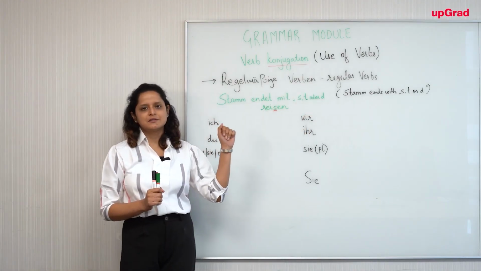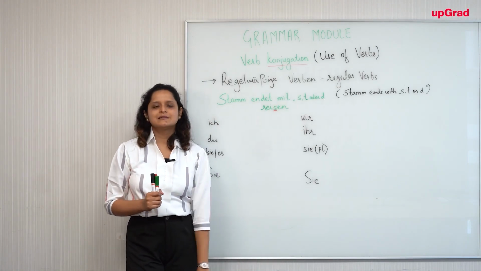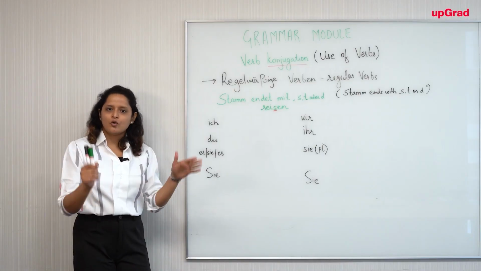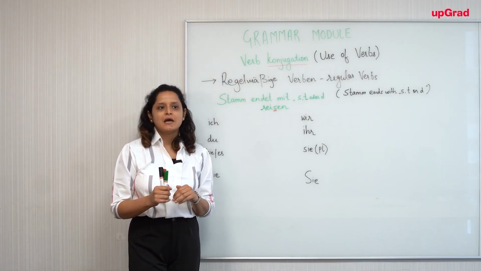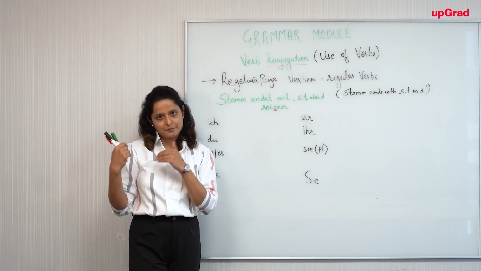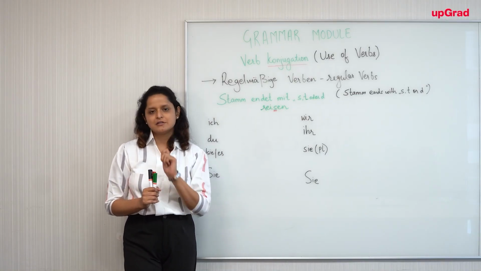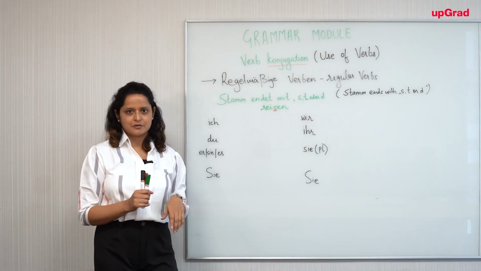Whenever we have verbs where the stem ends with either of these syllables, there is going to be a slight difference in their conjugation. Overall, they will be conjugated in a similar manner. There's not going to be a complete difference from the previous verbs that we have seen, but just minute change that you need to take into consideration while conjugating these verbs.